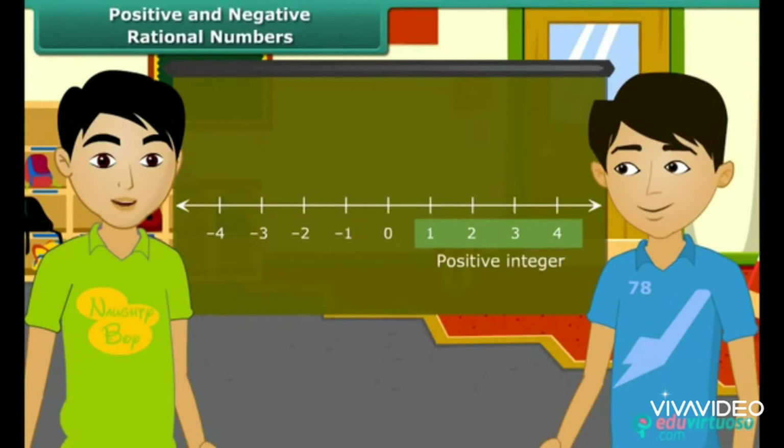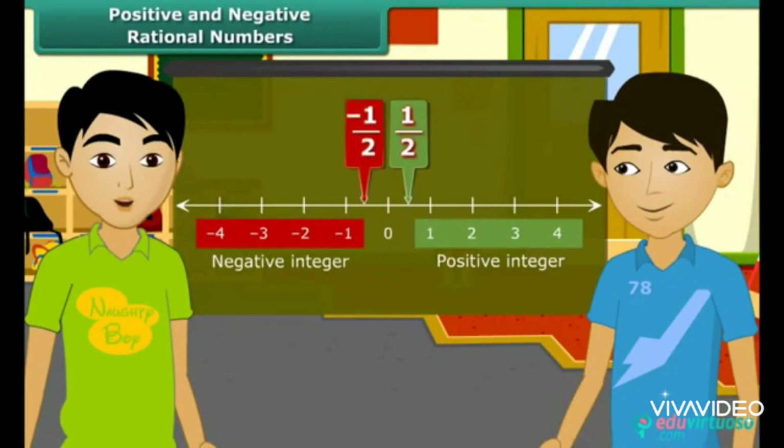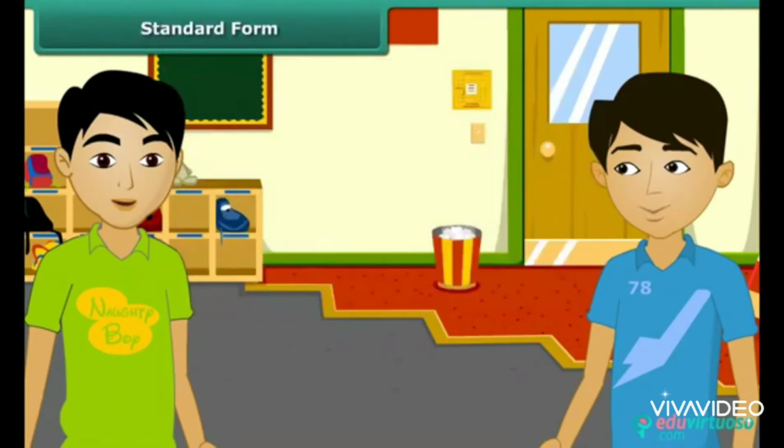The right hand side from 0 is positive and the left hand side is negative, and this point is called 1 upon 2. Clear? And if we move towards the left hand side, it is minus 1 upon 2.